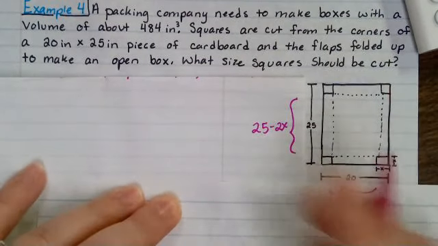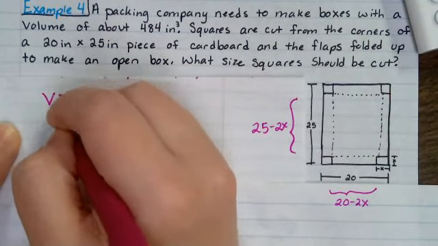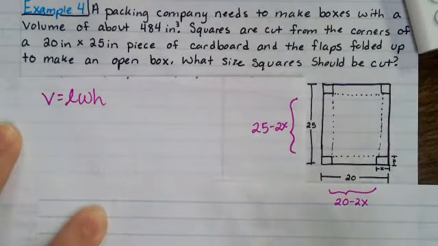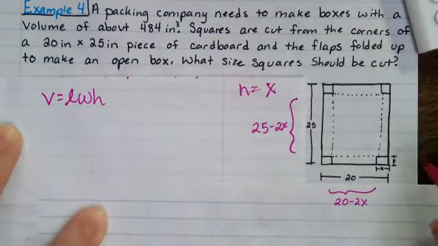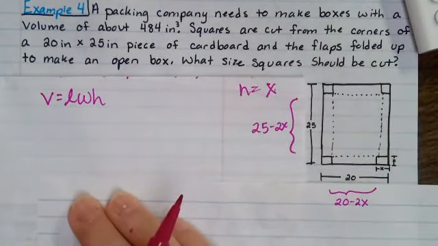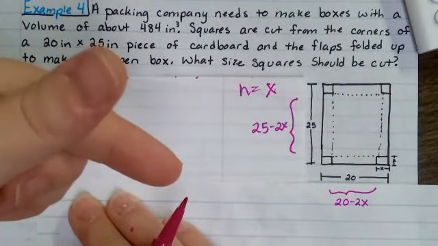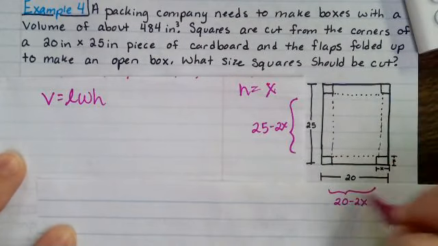So in order to talk about the volume of this box, remember how volume of a rectangular prism is length times width times height. Well, the height of this guy is going to end up being just x, because that's the height of those little flaps when they get turned and folded up. But then we've got here our length and our width.